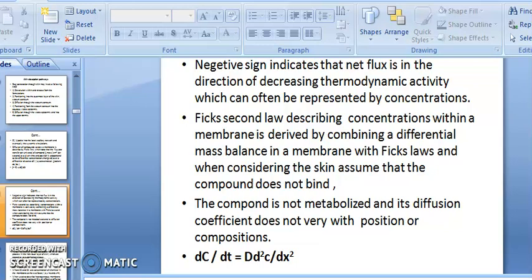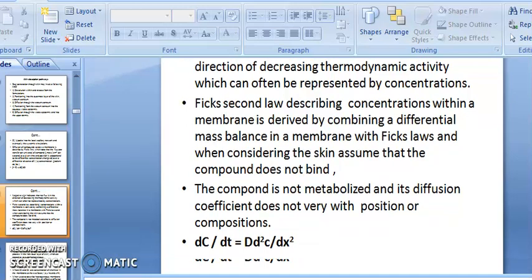If the drug is not metabolized, the diffusion coefficient does not change. So the equation can be written as dc by dt is equal to D d square c upon dx square. This mathematical expression says that the diffusion will not be altered.